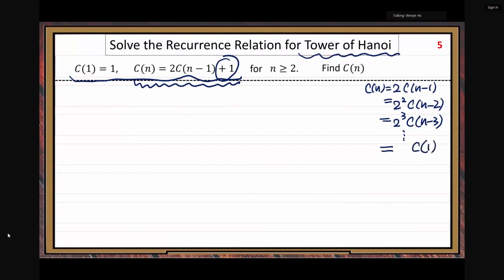That's the base number. So what is the exponent of this power of 2, if it's 1 here? Is it n minus 1 or n?